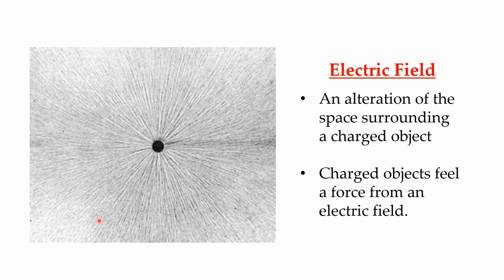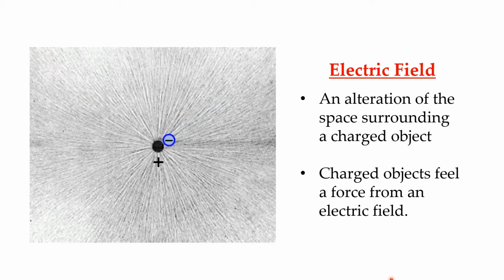So for example, let's say this electrode has a positive charge. If I were to place two oppositely charged objects near this electrode, so let's say one has a positive charge and one has a negative charge, these charges are going to feel different forces. It would be something like this.